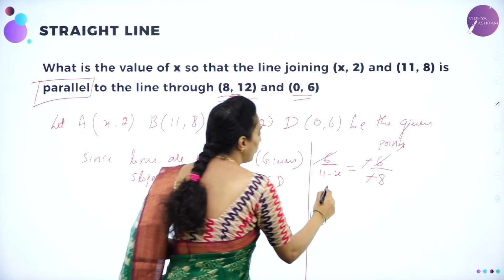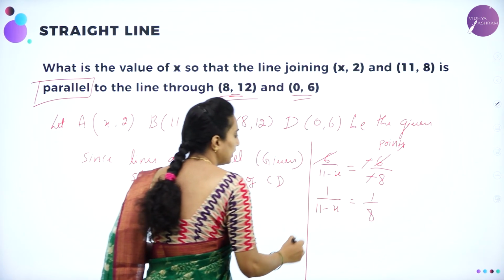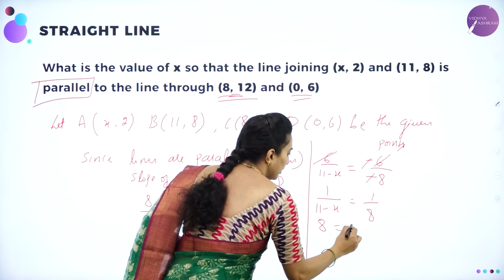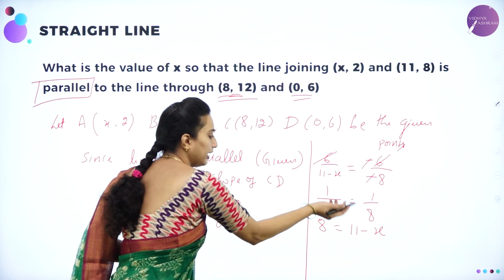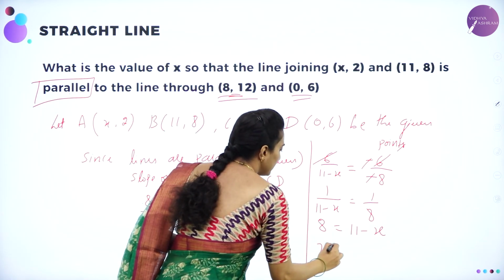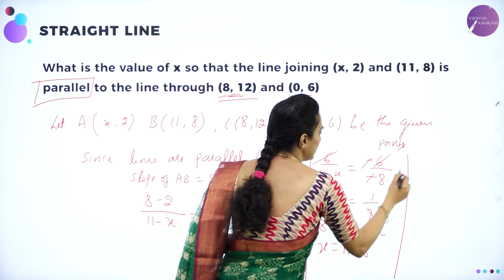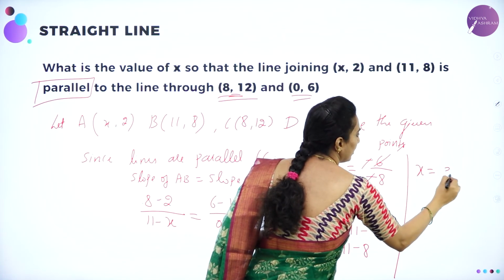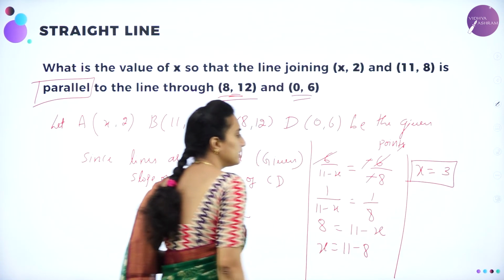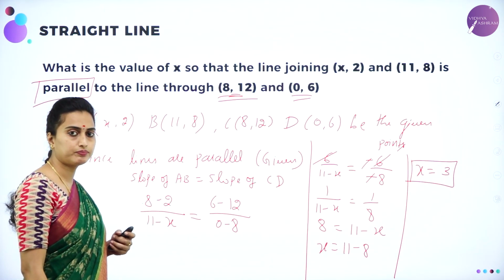So remaining is 1 divided by 11 minus x is equal to 1 by 8. Cross multiply. 8 ones are 8 is equal to 11 minus x. Otherwise, you can bring x to this side, 8 to that side. So x will be equal to 11 minus 8, which is nothing but x is equal to 3, correct? 8 plus 3 is 11. 11 minus 8 is nothing but 3.